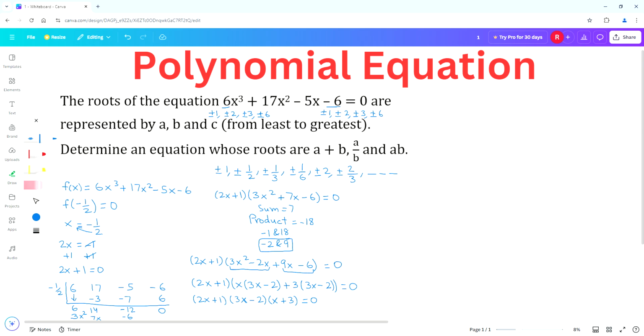Now we can find the roots by setting each factor equal to 0 and solving for x. The first root is negative half.